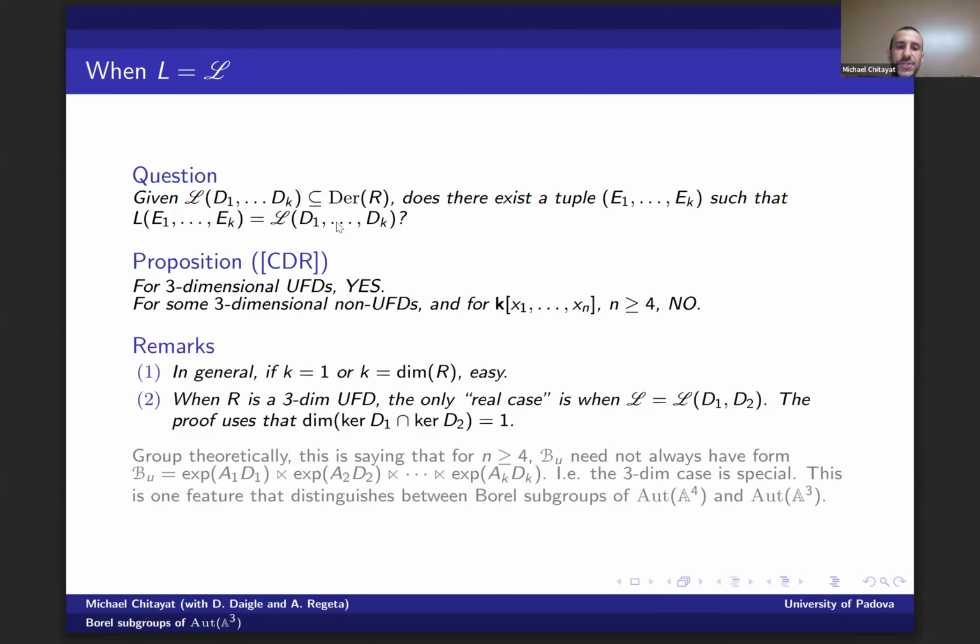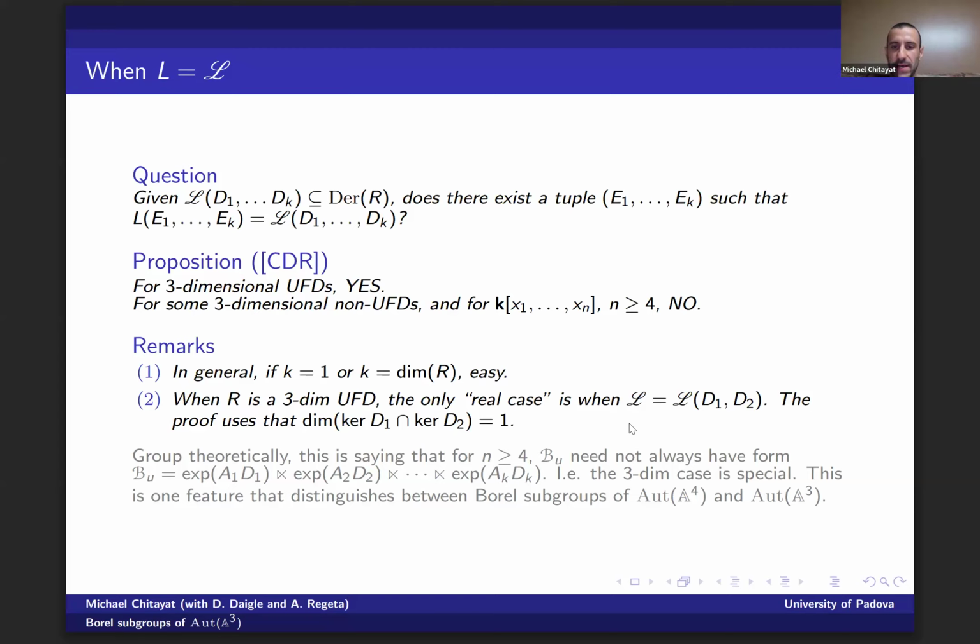So just some remarks about that proposition. If you're looking at the special case of Lie algebras where k equals 1, so curly L of just a single derivation, or k equal to the dimension of R, so as many derivations as you can possibly have, then yes, you can write your curly L as a straight L. And in the three-dimensional case, because of the first remark, really the only interesting case is the case where you have two derivations in your de Jonquières-like algebra.